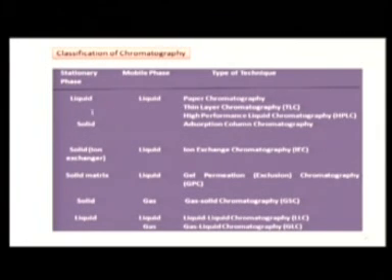If the stationary phase is a solid, it will be adsorption chromatography. If the stationary phase is solid with an ion exchange property and the mobile phase is a liquid, we call it ion exchange chromatography. If the stationary phase is a solid matrix and the mobile phase is a liquid, it is gel permeation chromatography or gel exclusion chromatography.